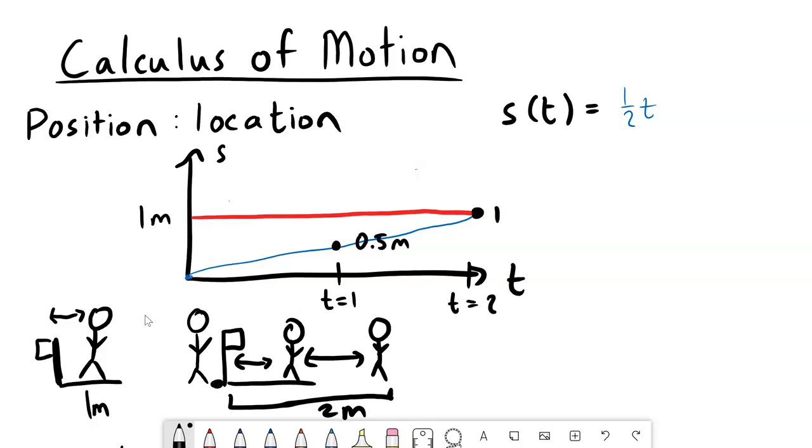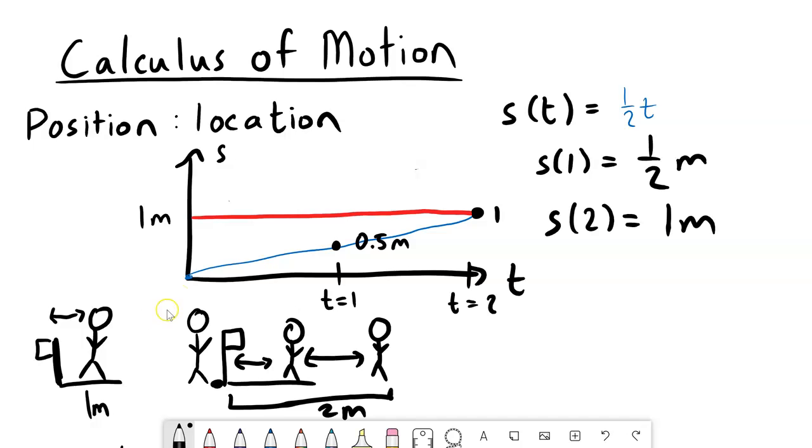See what happens when we plug in t equals 1. I'm just 1/2, that is 0.5, and a unit would be good to have, so meters. If I'm 2 seconds into the position function, I'm at the location 1 meter. So that's the idea of position.